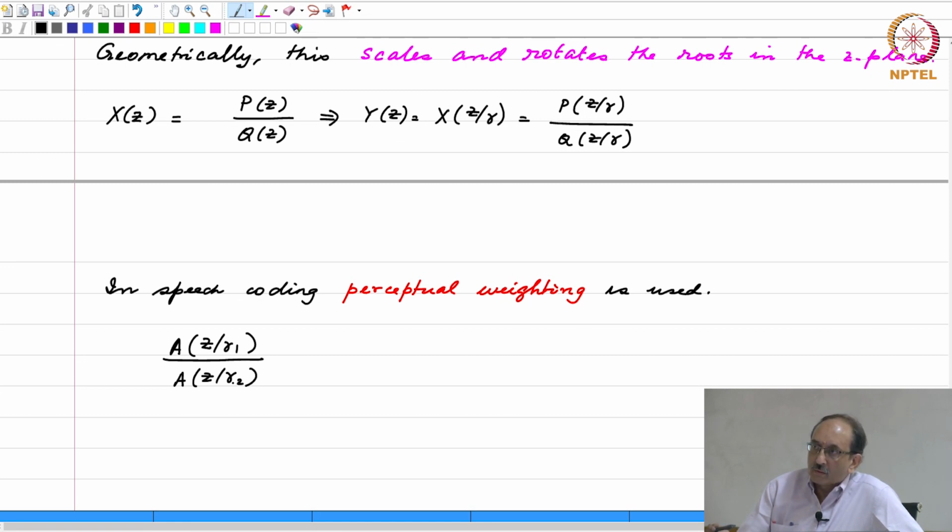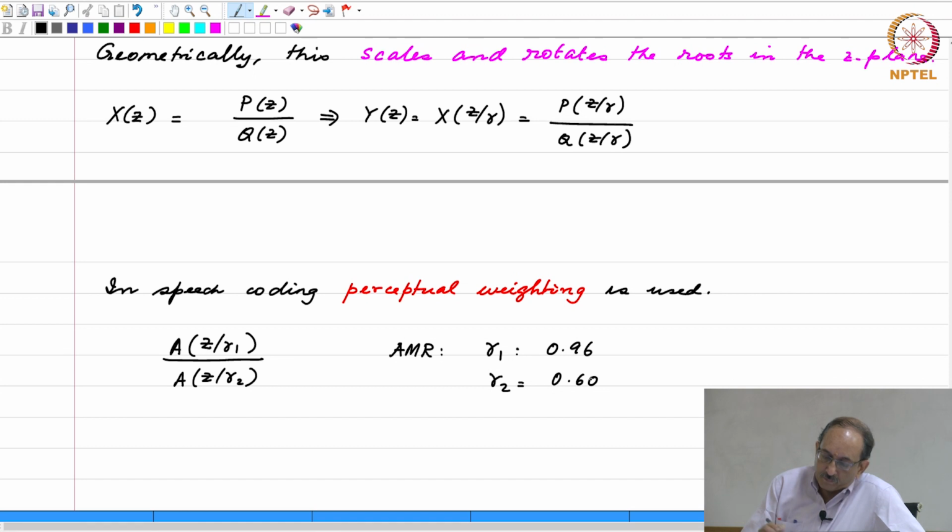One of the commonly used speech coders is AMR, adaptive multi-rate, and in AMR gamma 1 is 0.96, gamma 2 is 0.6.